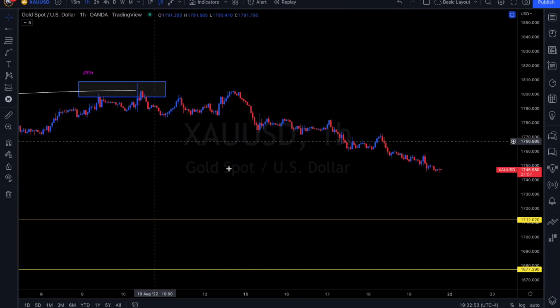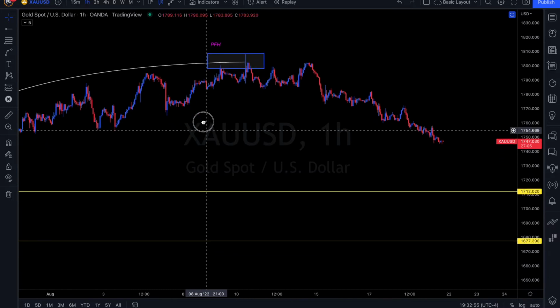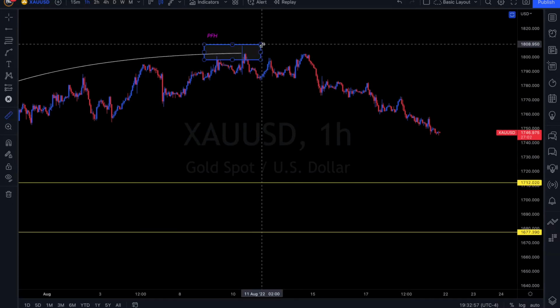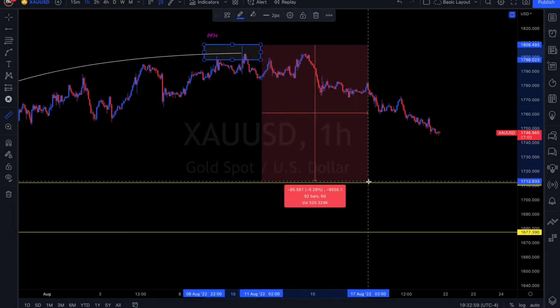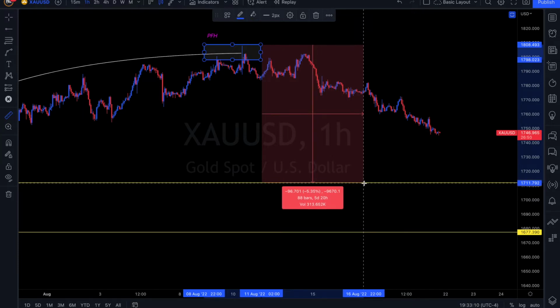All right, so now let's measure this out from here to here, and we're pretty close to almost 10,000 or so. One thing I'll tell you about these numbers that you see here, where it says 9670.1 for gold, is that you basically have a decimal off.